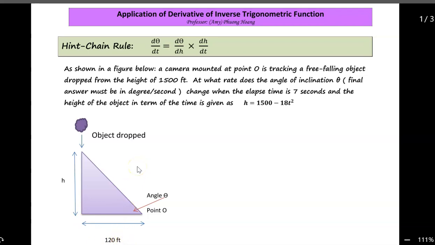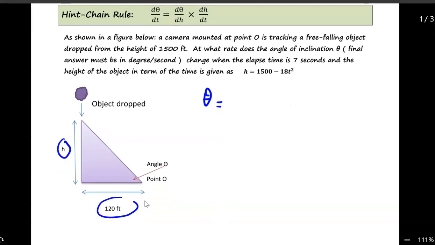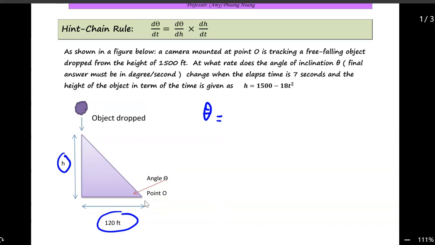Alright, so for us to work with this, they are asking for the change in the angle theta. So you need to find out what theta is equal to. In order to find the angle theta, given h and given the 120 feet, you are going to use tangent to the minus 1 of the opposite over the adjacent.